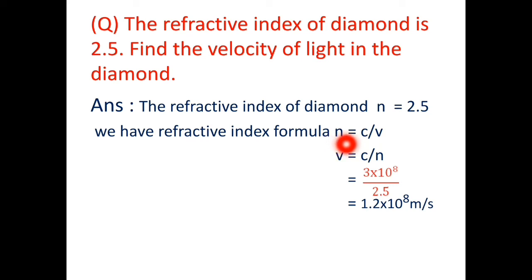From this formula, we write v on the left side and n on the right side. We will get v equal to c by n. Substituting the n value and the c value, c value is 3 into 10 to the power of 8 meters per second. We will get the answer 1.2 into 10 to the power of 8 meters per second.